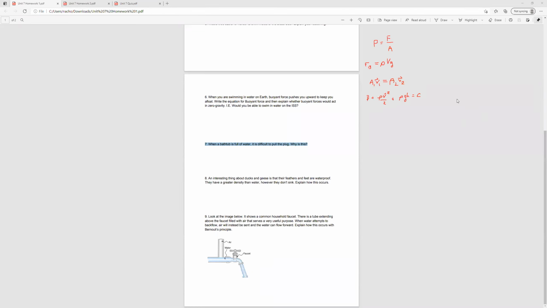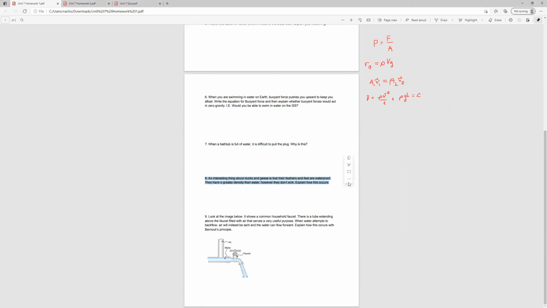In Bernoulli's equation. So when that bathtub water is flowing, that water is exerting a low pressure on the pipes around it, right? But when you pull it up, the Archimedes principle says the buoyant force is going to be acting down upon it very hard at the bottom, right? So you have to overcome that pressure gradient, or you basically just have to overcome Archimedes' principle and pull up the entire weight of the bathtub's water, right? So that's basically why number 7 is how it is.